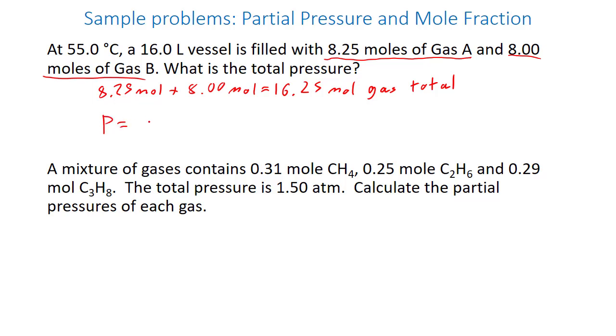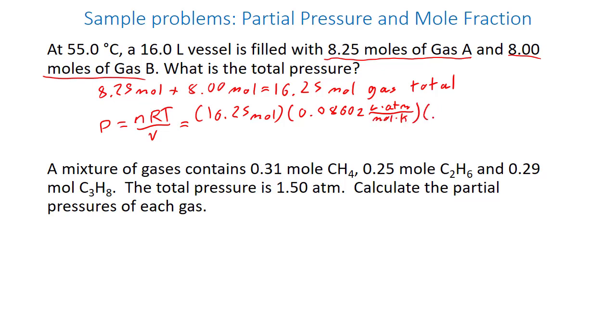And so I'm going to rearrange it in my head here as P equals nRT over V. And this is simply 16.25 moles times the ideal gas law constant, 0.08206 liter atmospheres per mole Kelvin, times our temperature, which is 55 degrees plus 273.15 Kelvin, over 16 liters.